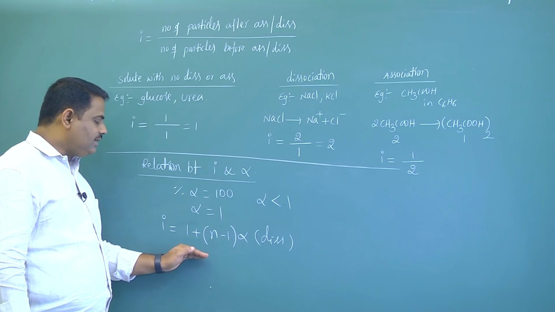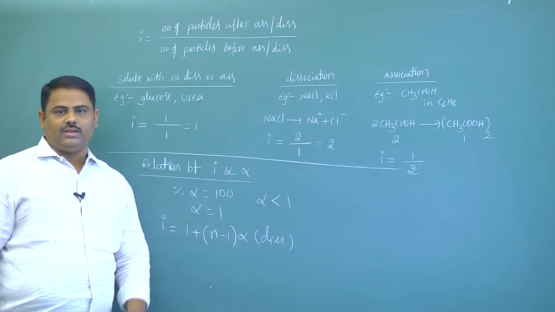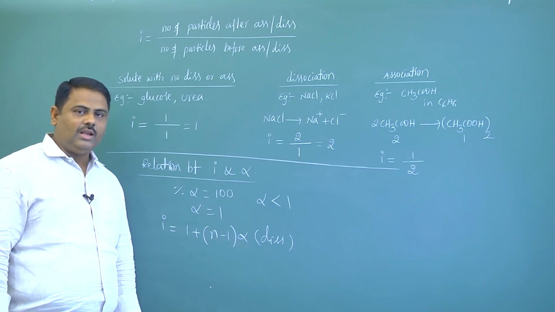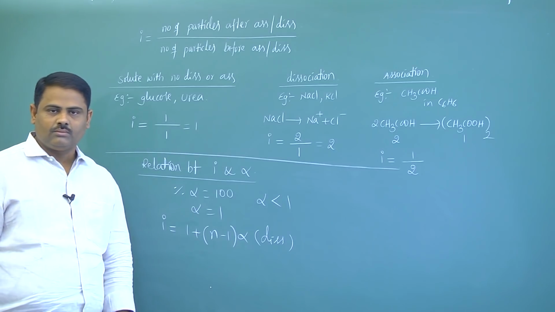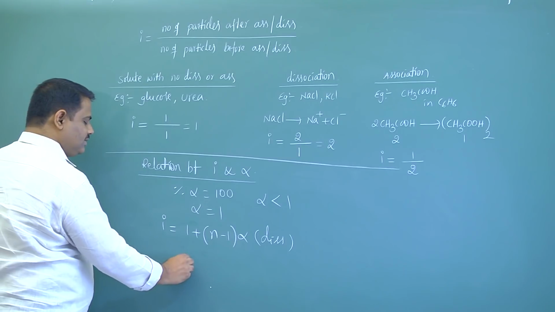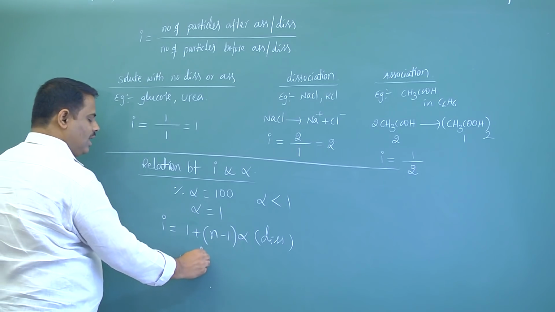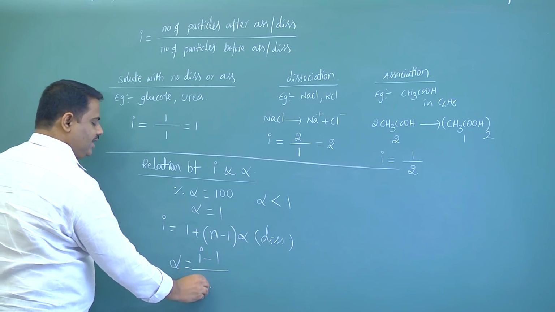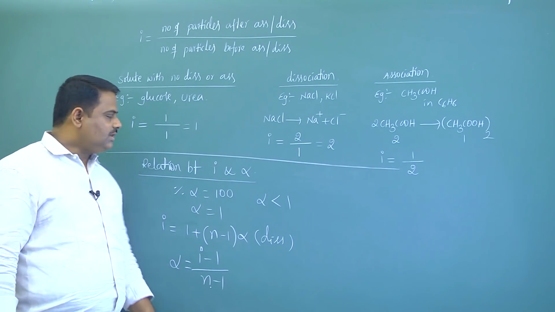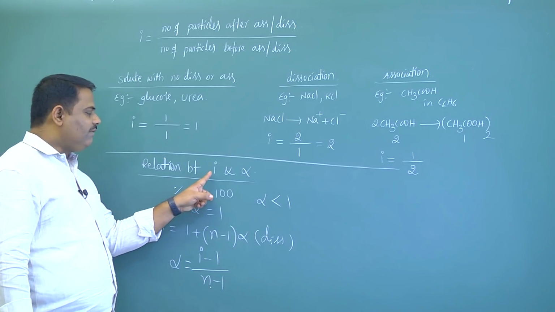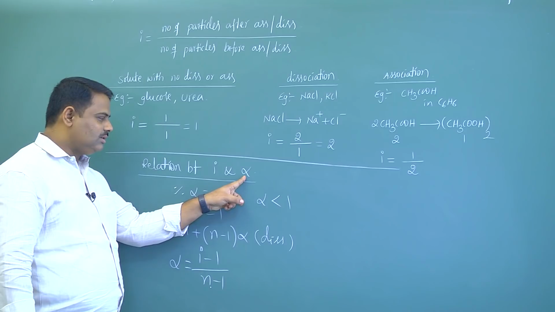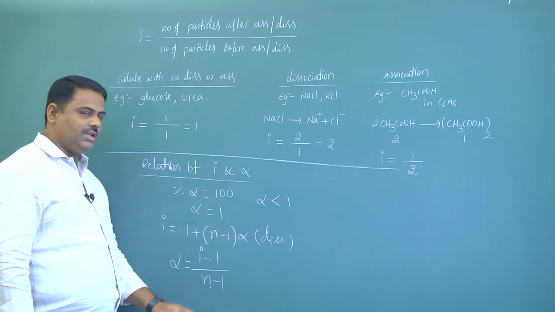Especially this formula is designed for weak electrolytes, because here the degree of dissociation is less than 1. Now, we can modify this formula as the degree of dissociation alpha is equal to (i minus 1) by (n minus 1). So, this is the relation between the Van't Hoff factor i and the degree of dissociation during dissociation.